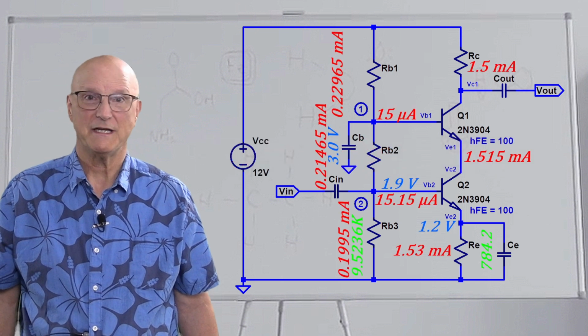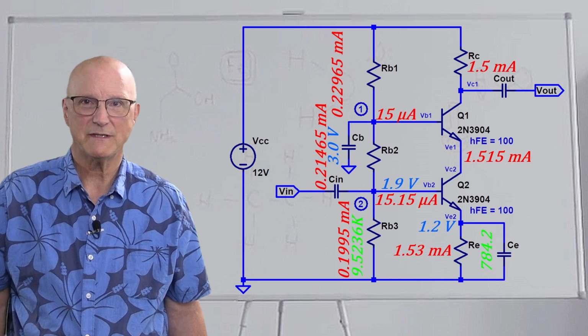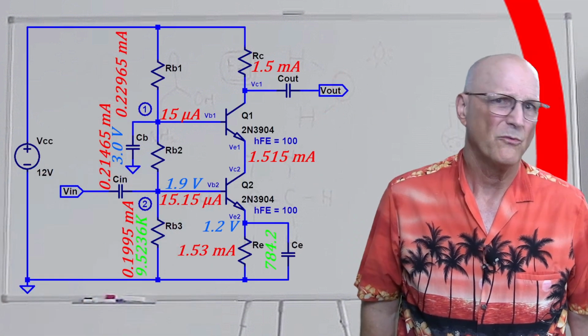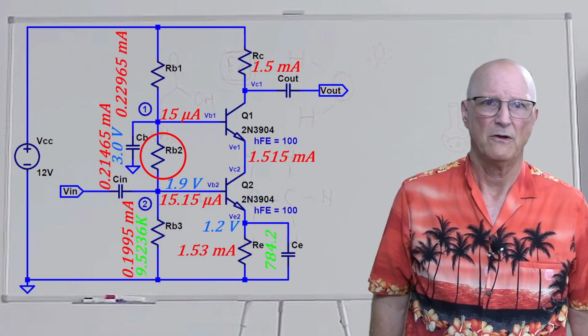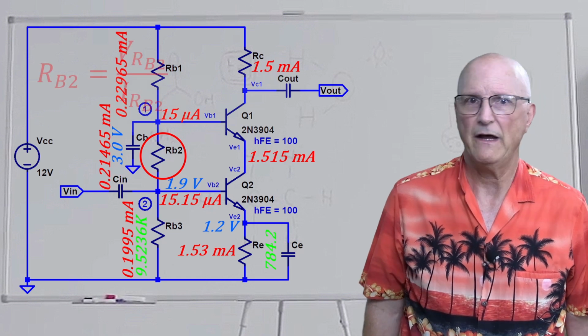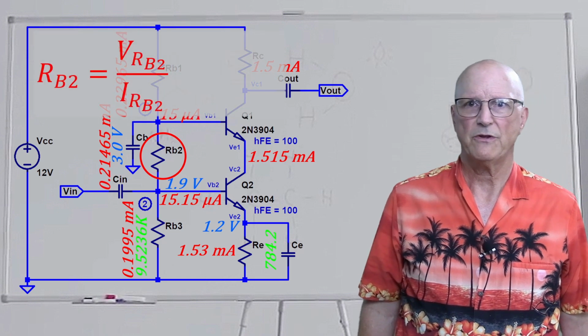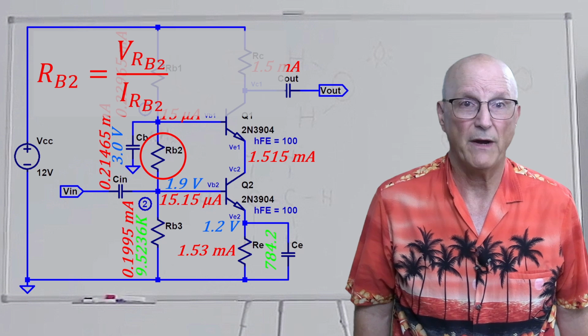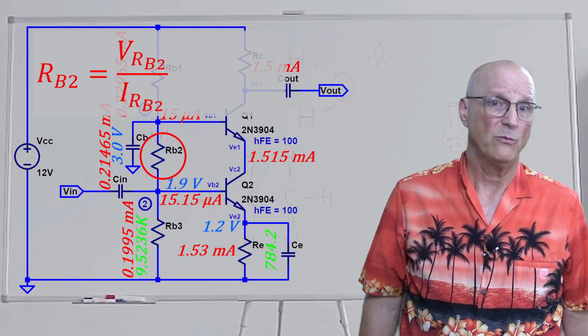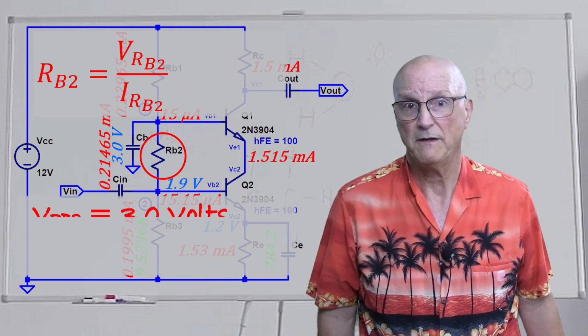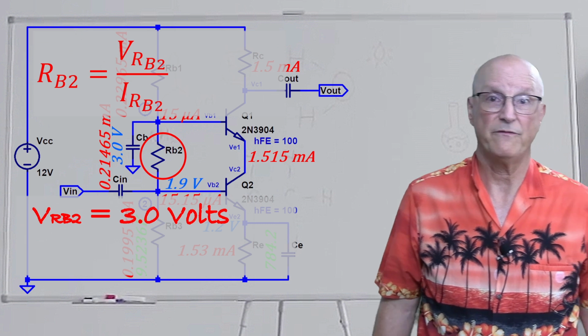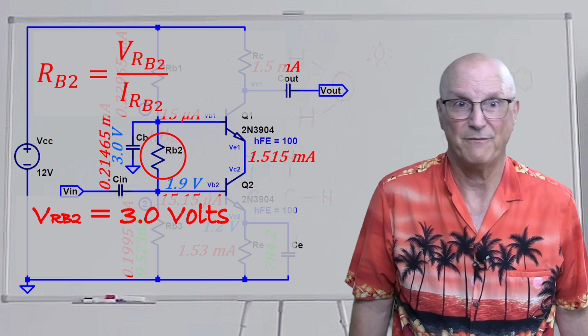Now we can proceed to calculate the rest of the resistor values. So let's start with RB2. Ohm's law tells us that the value of RB2 is equal to the voltage across it divided by the current through it. And we know that the voltage across it, VRB2, is 3 volts from our feel-good number.